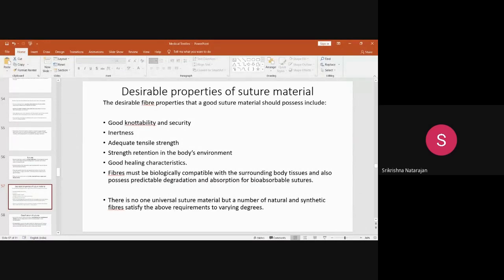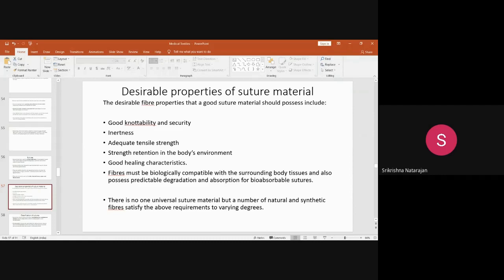There should be some prediction. If you are using a particular textile material, say a particular fiber, at what time duration it will degrade, that understanding should be there. So these are the desirable properties expected from the suture material.